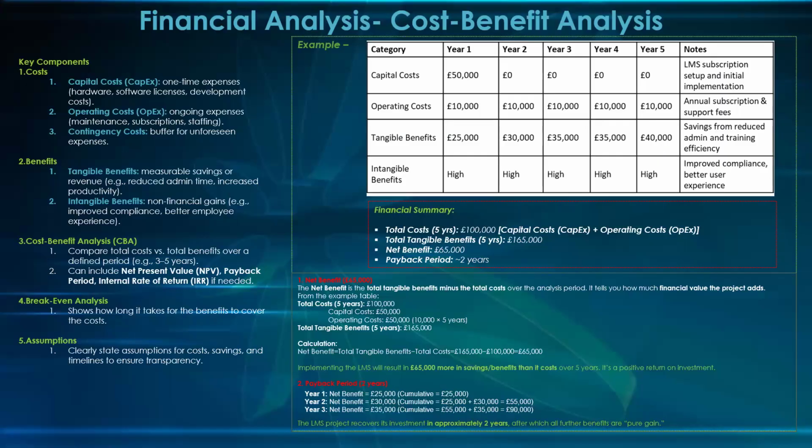So here we talk about, again, cost benefit analysis. The cost against the benefits. So this is the cost, this is the benefits. So now we'll be talking about the net benefits. What's the net benefits here? We look at the capex, or the capital cost, and the operating cost.